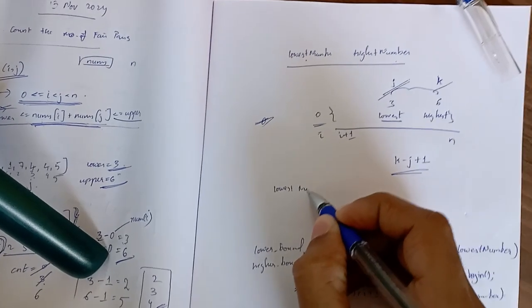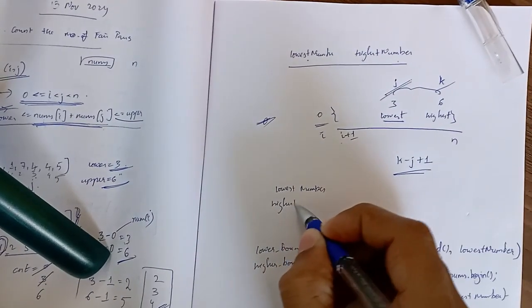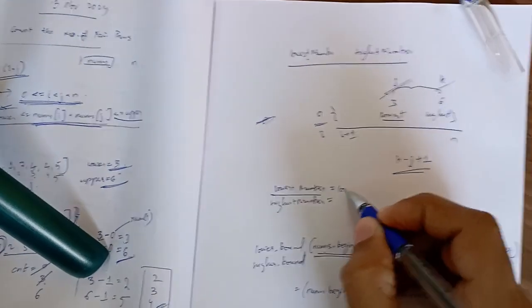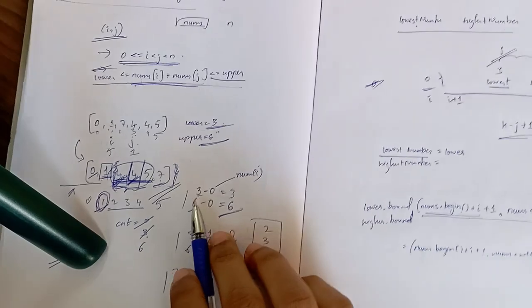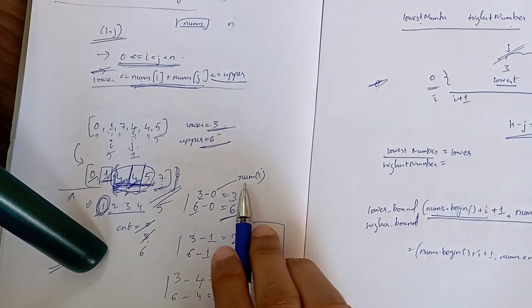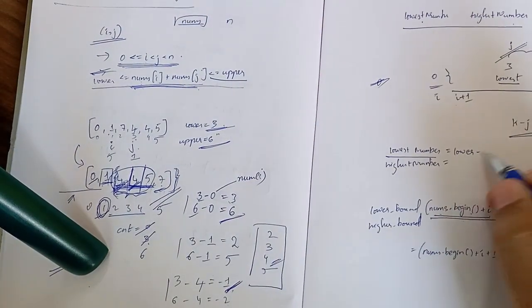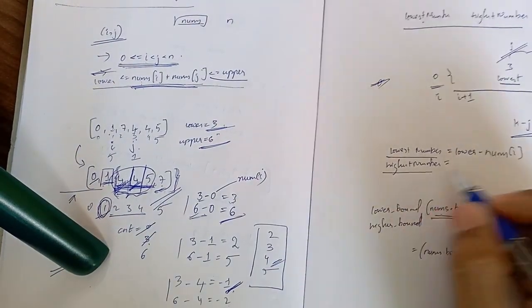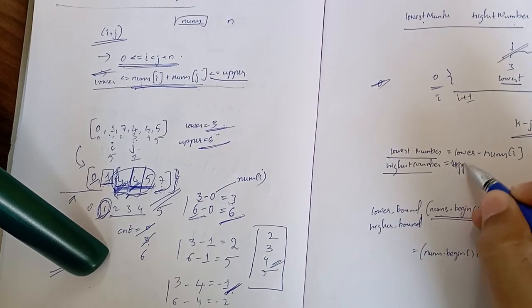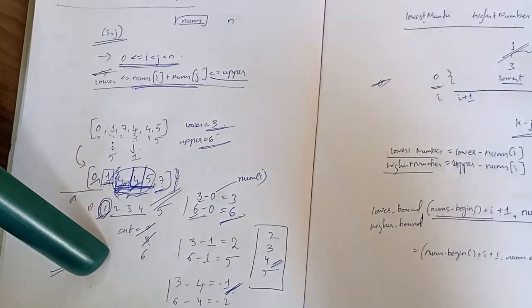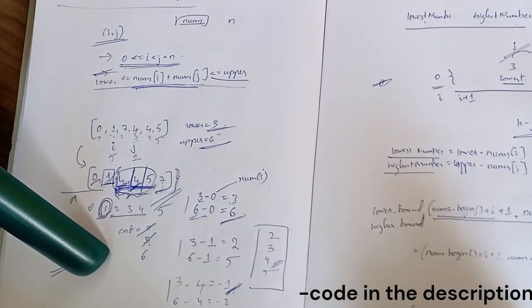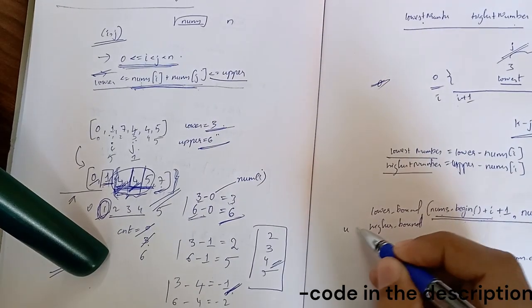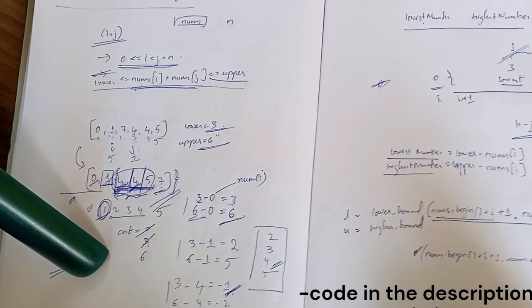So as I said before, lowest number is equal to lower minus nums of I, as we are subtracting nums of I here, and for the highest number, upper minus nums of I. And we need to increment the count by upper bound minus lower bound.